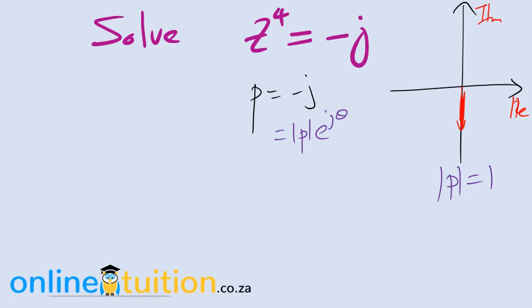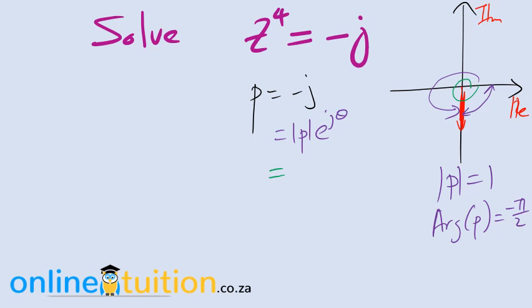The angle, my friends, cannot be this one here, but it's this one over there. So the angle theta, so we say arg p is minus pi by 2, but that's not the most. We can keep adding on 2k pi.